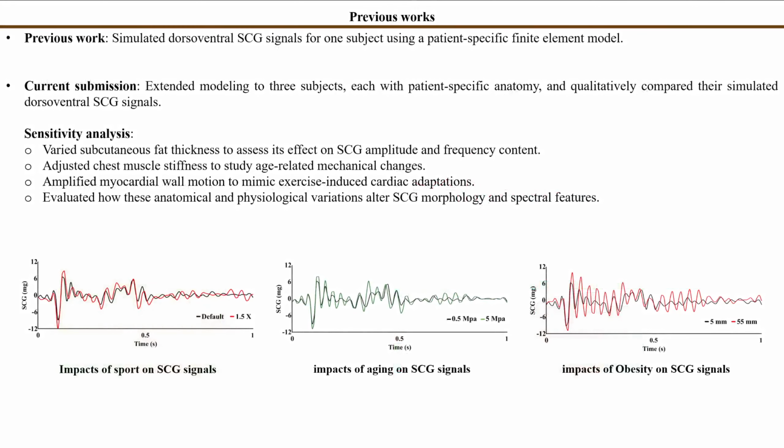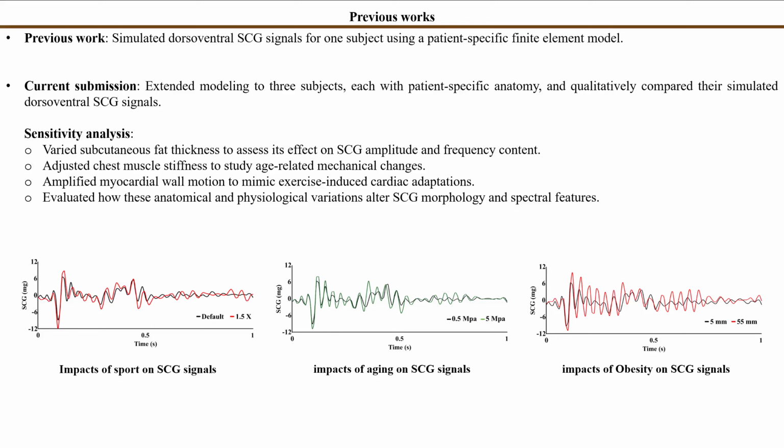Our previous work demonstrated patient-specific SCG simulations for 1 subject. In a new submission, we expanded the framework to 3 different subjects and compared their simulated dorsoventral SCG signals. We also performed sensitivity analysis. We varied subcutaneous fat thickness, chest muscle stiffness, and myocardial wall motion to mimic physiological changes such as obesity, aging, and exercise.